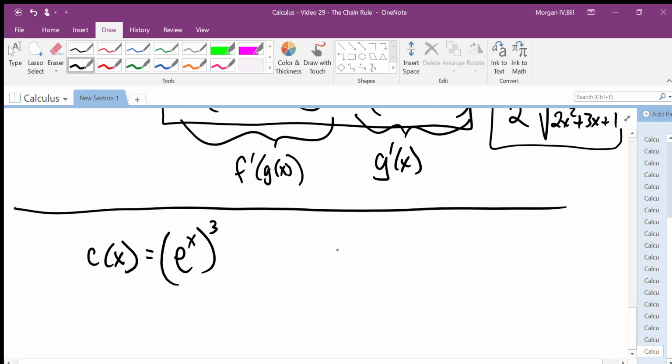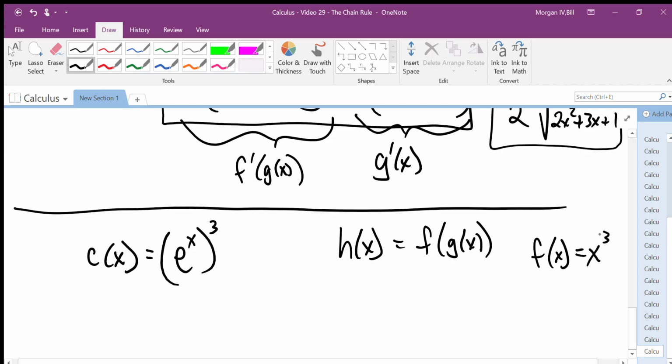The function here we're talking about, h of x, is equal to f of g of x, with my f function, f of x, being just x to the third, something to the third, and my g of x that gets replaced in for that x is e to the x. So this is kind of algebra separating the composition of functions into its two functions. When I write f of g of x, I'm taking that e to the x right here and putting it into the x value of the function.